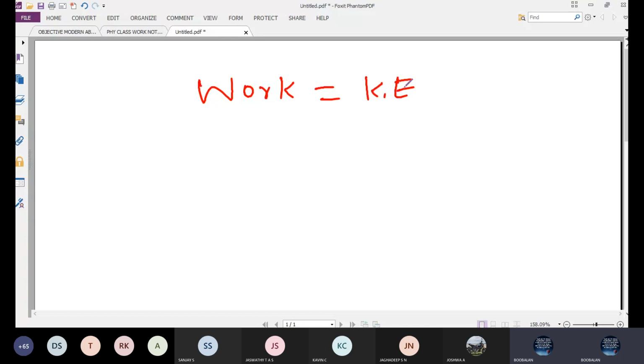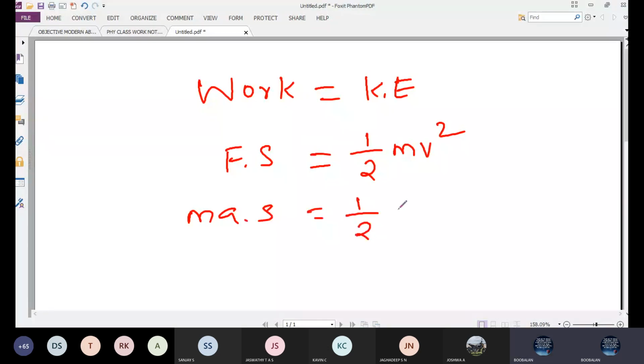It is one proof; we'll discuss after chapter number 5. Now, what is work? Force into displacement. Kinetic energy formula, 1 by 2 m v square. What is force? Mass into acceleration. Mass into acceleration into displacement, 1 by 2 m v square.